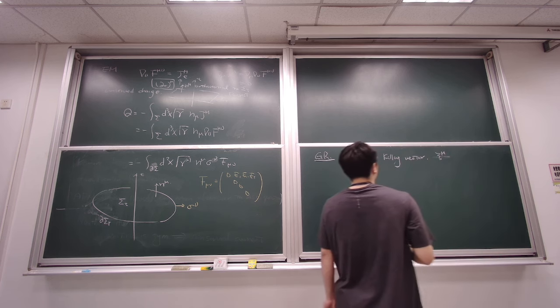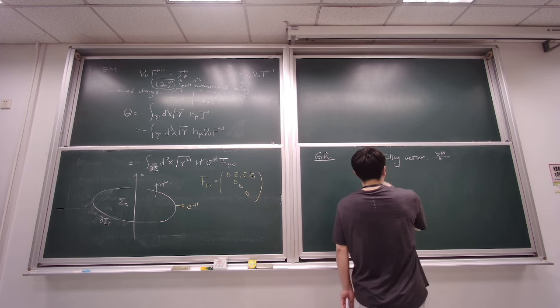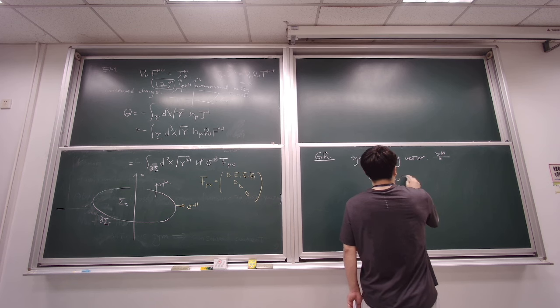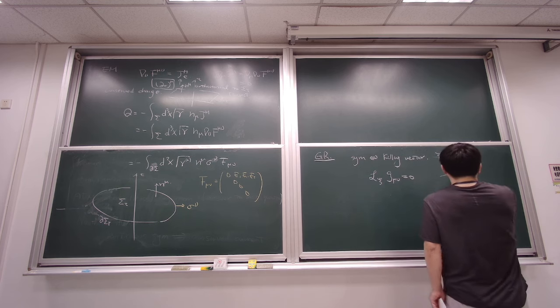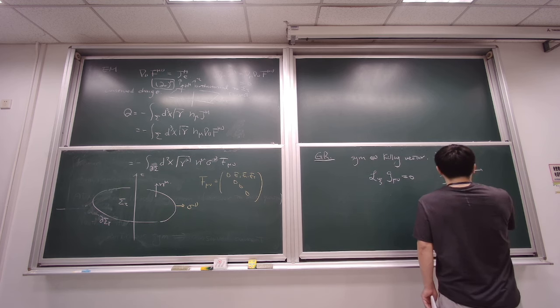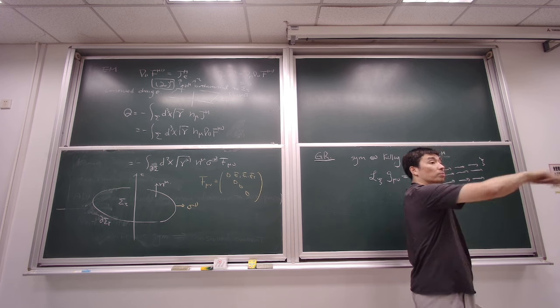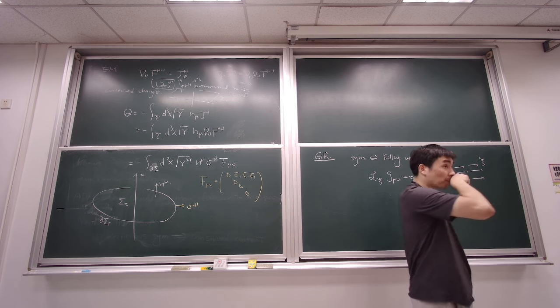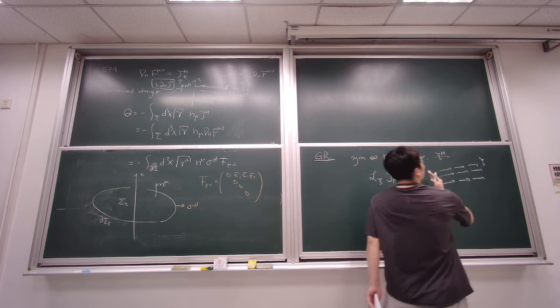As you know, this Killing vector is by definition Lie derivative of g mu nu equal to 0. So if you have a Killing vector field, then that will generate a so-called flow, a one-parameter family of diffeomorphisms, under which the metric doesn't change.